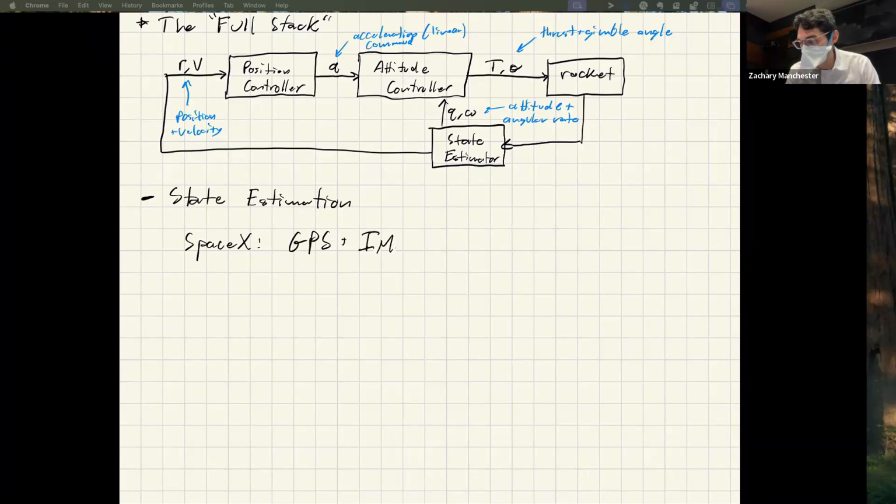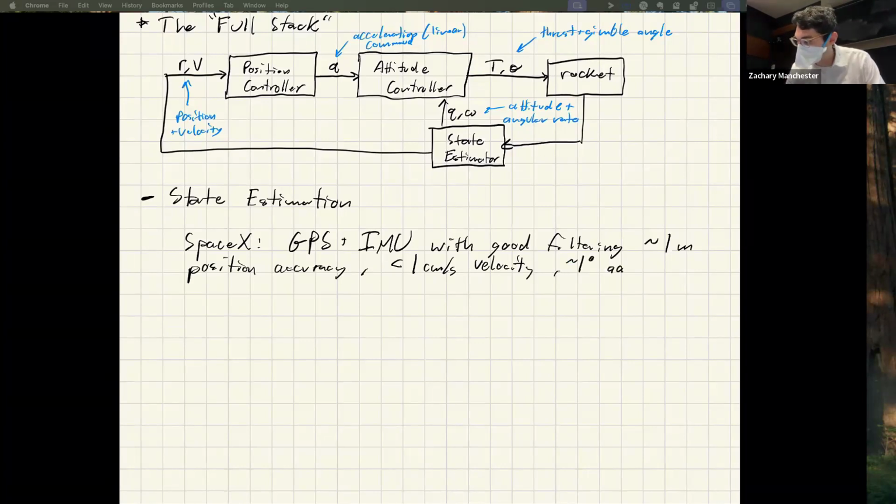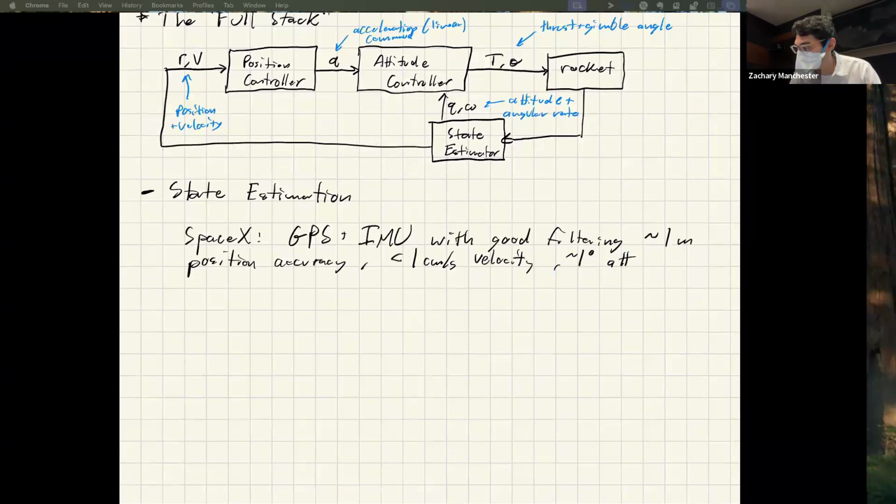So it's really just GPS and IMU, and that's all you need with good filtering. Gets you to maybe 1 meter position accuracy. And on the velocities, you can get to better than 1 centimeter per second accuracy. And then attitude, you can get to 1 degree accuracy. So basically for this problem, GPS and an IMU are all you need, is the message.